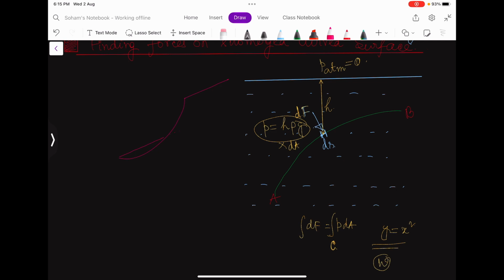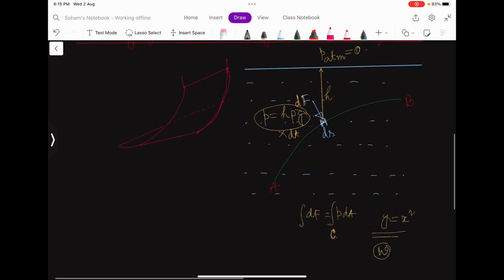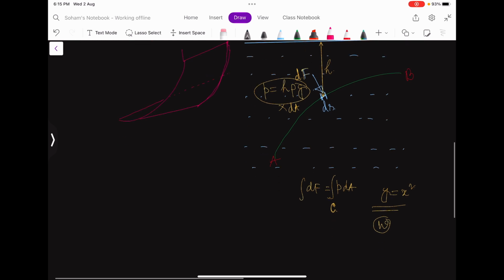Width means this. So this is the width that the gate is extended, and if the width is w, then you can find a dx here.